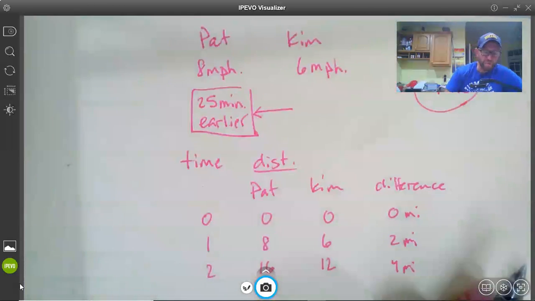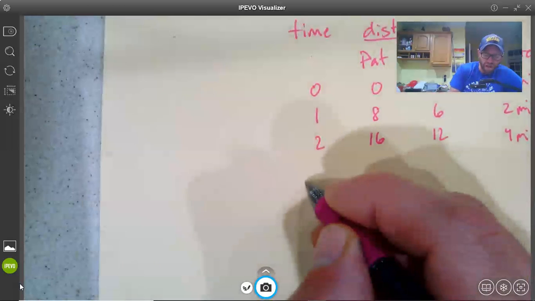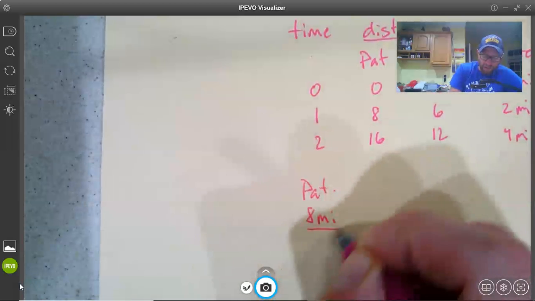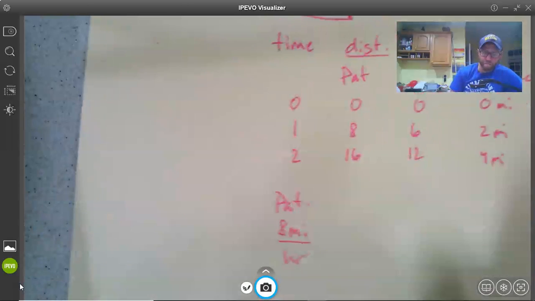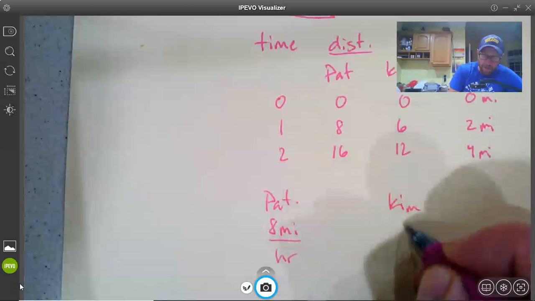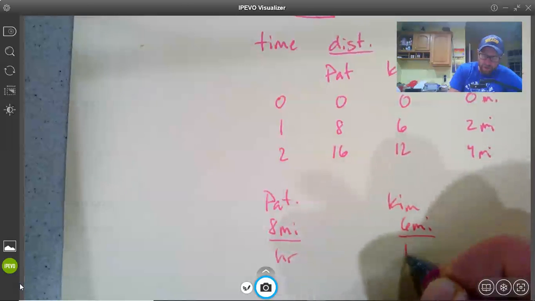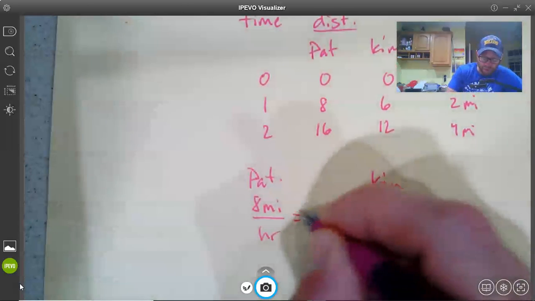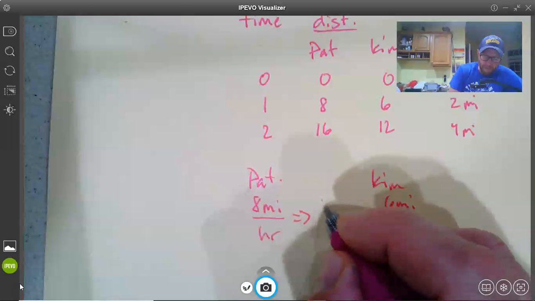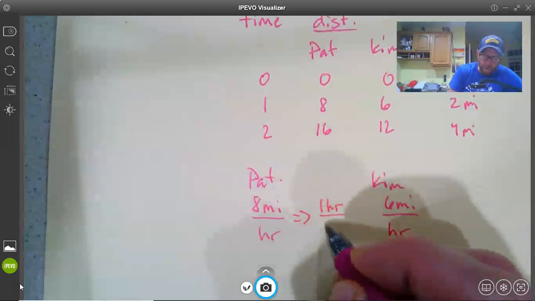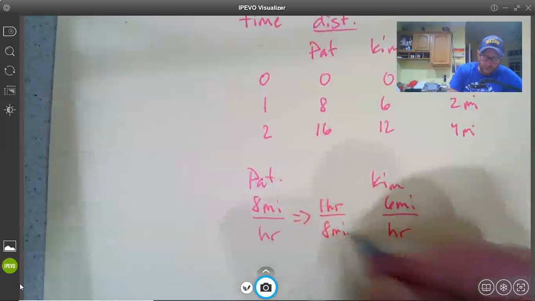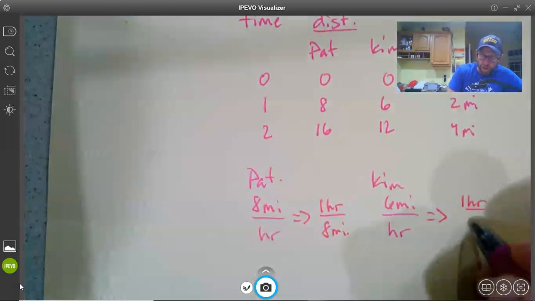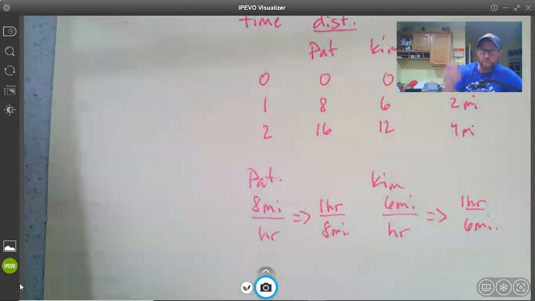Well, it's pretty simple, because I can say that Pat at 8 miles per hour and Kim at 6 miles per hour, and I can write those rates out as fractions. I'm just going to flip them upside down and make it 1 hour per 8 miles. And over here, I'll make it 1 hour per 6 miles.